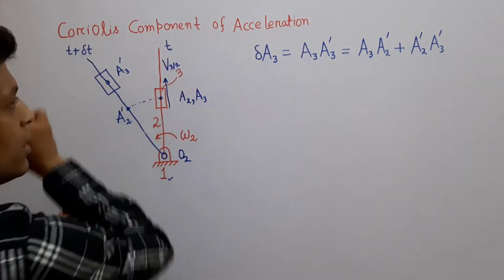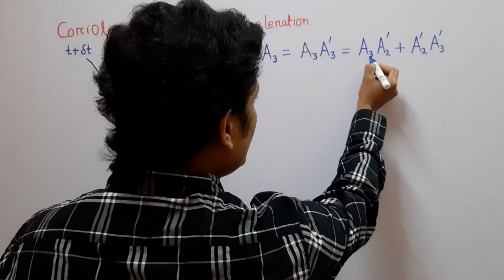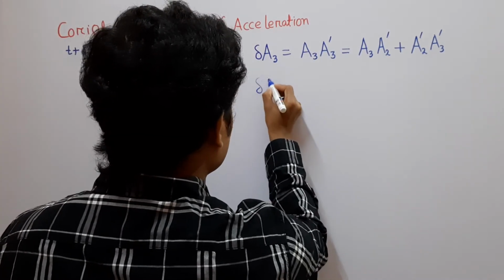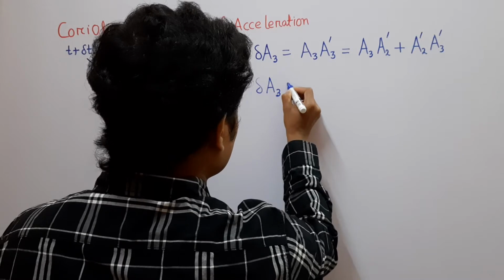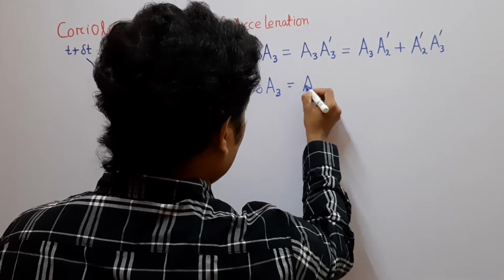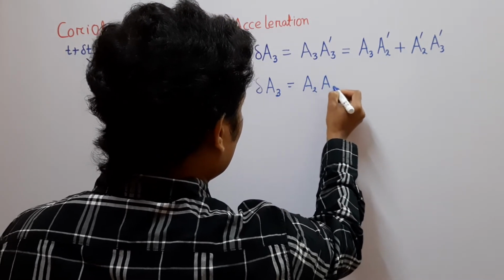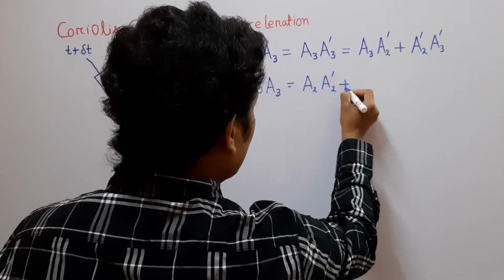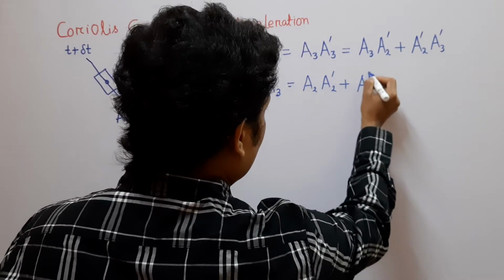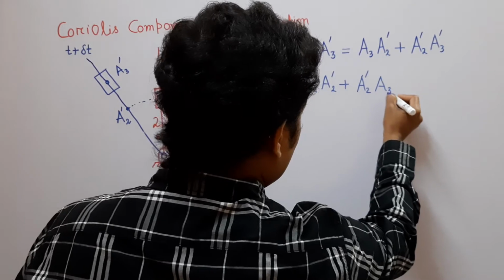Now A3 and A2 are the same, so we can write here, just replacing A3 by A2, A2 to A2 prime plus A2 prime to A3 prime.